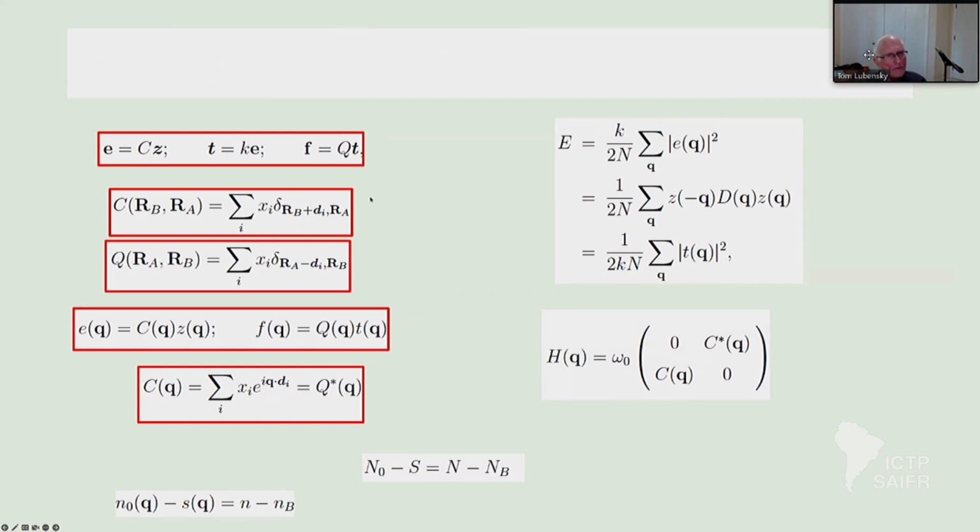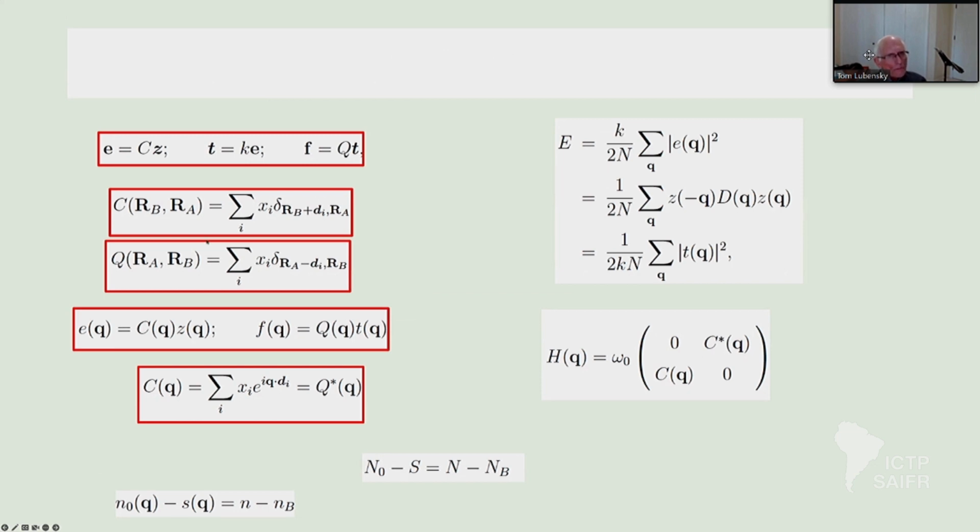Well, clearly from what we've had on the previous page, C of RB and RA, you need them both, is the sum over the xi of RB plus DI RA. And if I plug that into an expression like this, and keep track of the sums here, this multiplied times Z gives you exactly what we had before.